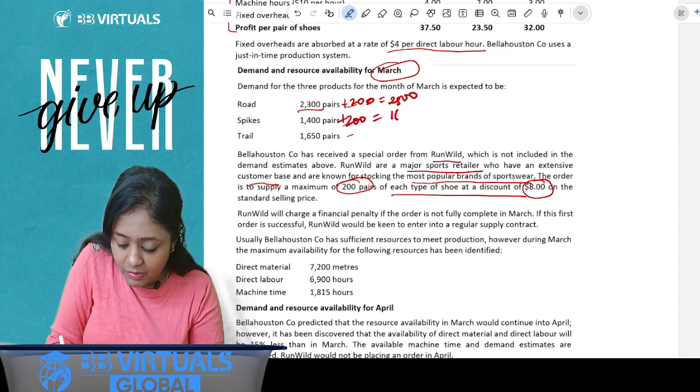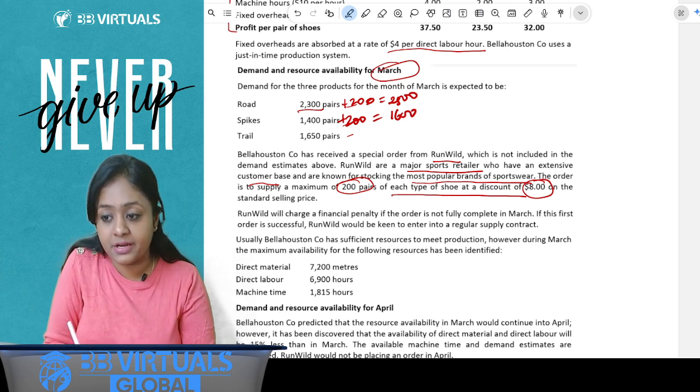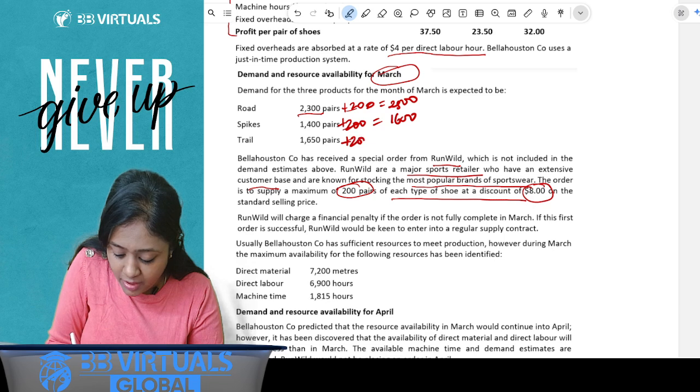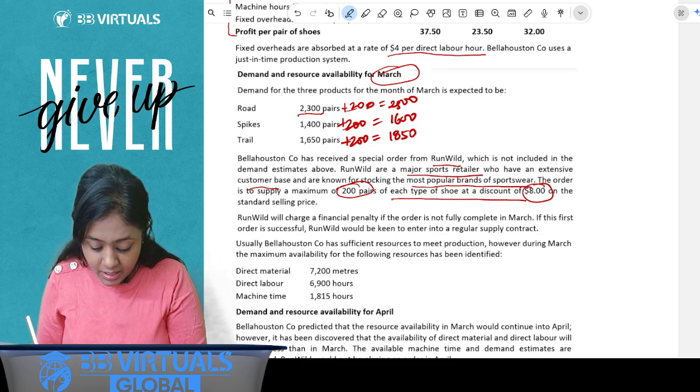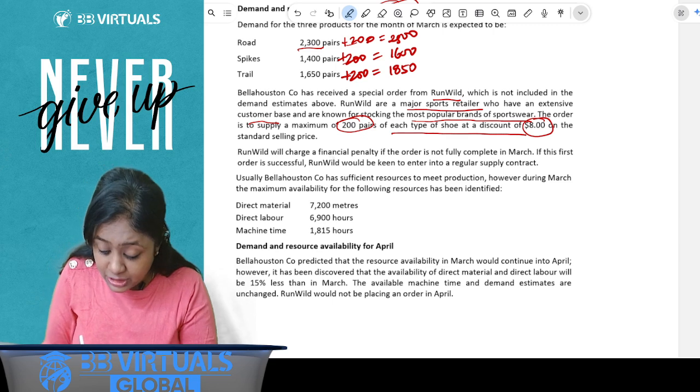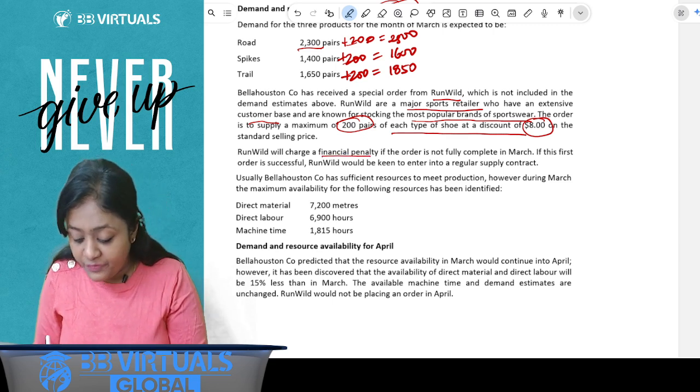Likewise, here we will focus on making 1600 pairs, and here also 200 will be added to focus on making 1850 pairs.